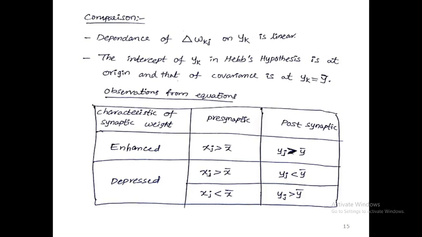In the other cases there are opposite trends, so it will decrease. Xj greater than x bar with yk less than y bar gives a negative change in weight. Similarly, if xj is less than x bar, even though yk is greater than y bar, the change in weight will be depressed, or it will decrease. Okay, thank you.